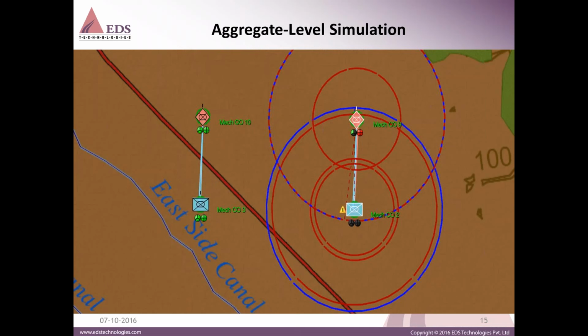So the aggregate level simulation includes aggregate combat models and combat engineering models. With combat engineering models, you can create bridges while in combat with other units, create minefields, and clear minefields. We also have electronic warfare models.